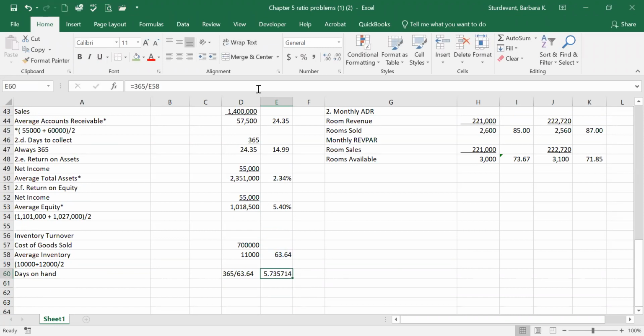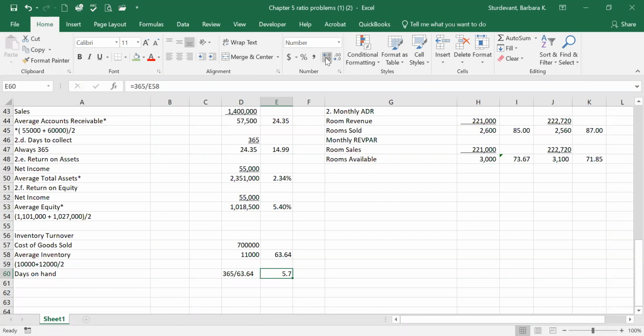Okay. Does that seem reasonable? 5, 6 days, I guess, depending on what type of a restaurant you have. That seems pretty quick to be turning over inventory, but.